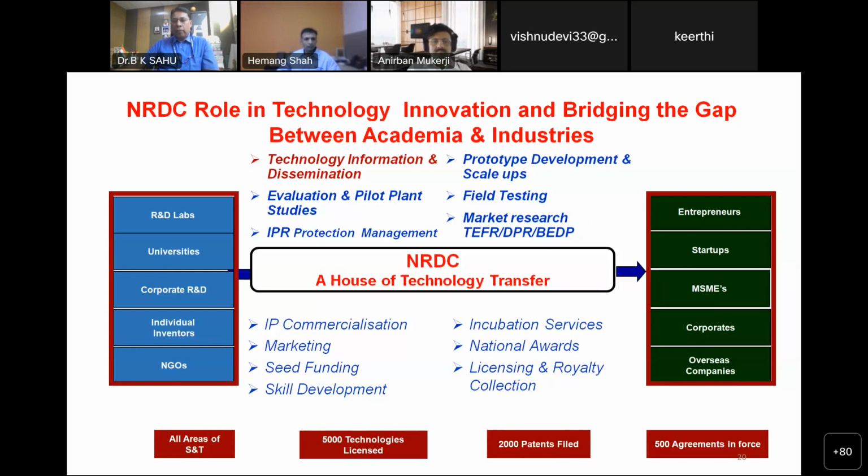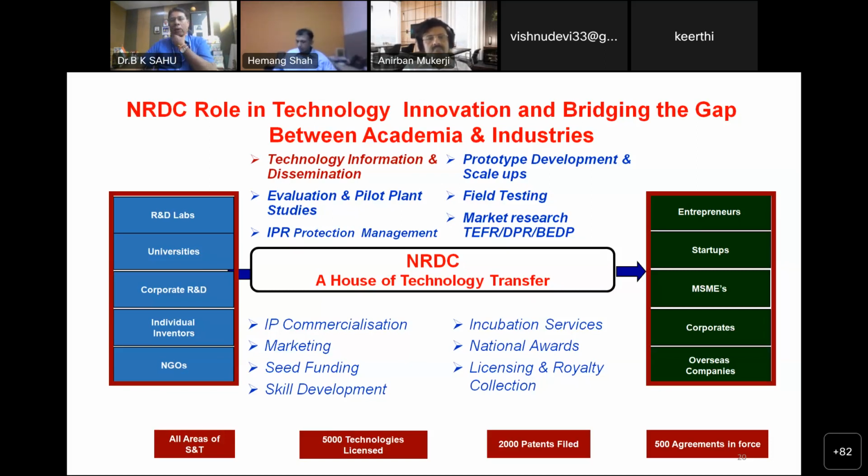We have been supporting startups and academia in prototype, market survey, field testing, and incubation services, and also recognizing innovation is most important, as a budding innovator, as a societal innovator, as a premium innovator in technological innovation, and also mitigating the challenge of IP benefit sharing.